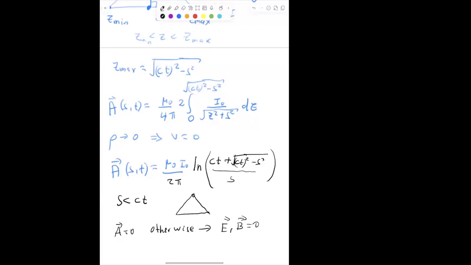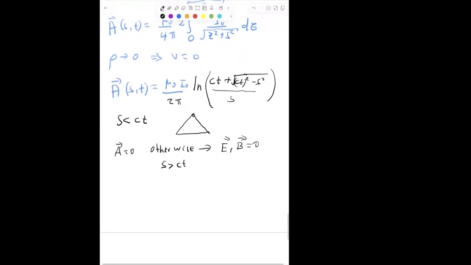Because I switched on the field, if this condition is not satisfied, which means that we are at large distances, S bigger than CT, the fields are simply 0 because information did not reach, and because the current was 0 for times before 0, and because there were no permanent charges, not before and not after time equals 0. And this is what we expect, actually, from causality and from a simple aspect of relativity.